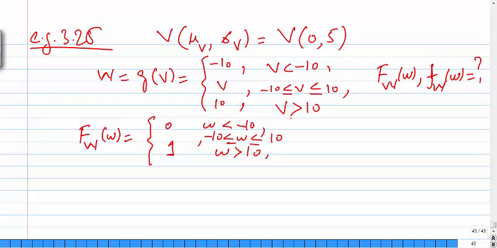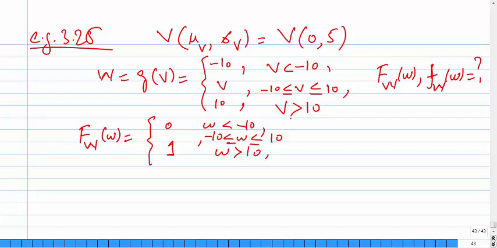So for that range, if we manipulate the Gaussian with mean 0 and standard deviation 5, we have a jump at minus 10 and a jump at 10.